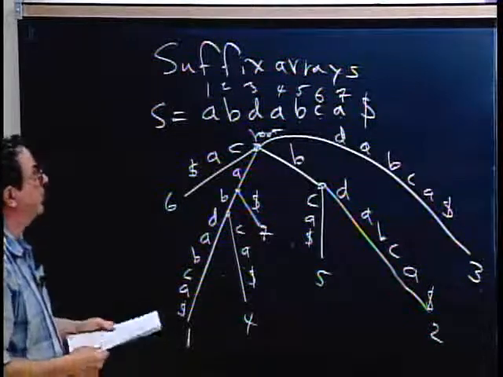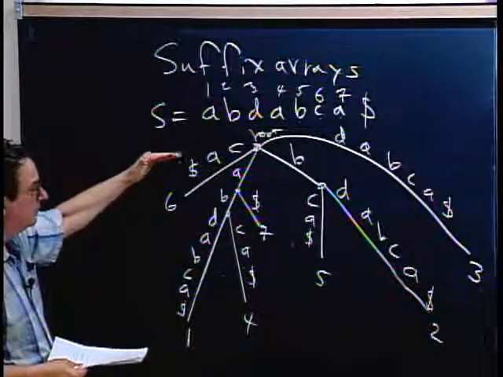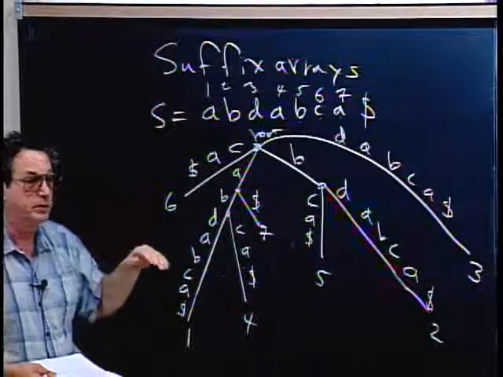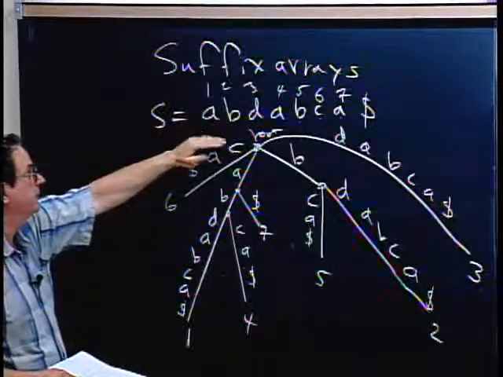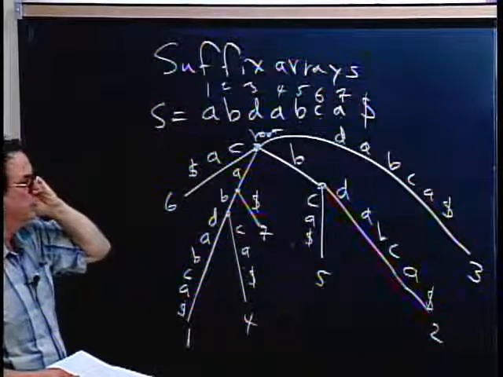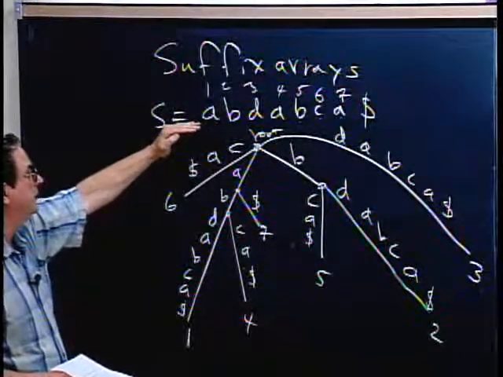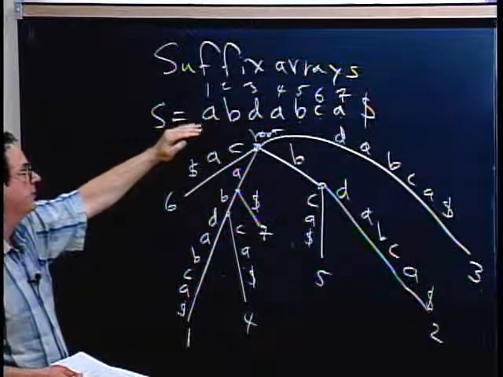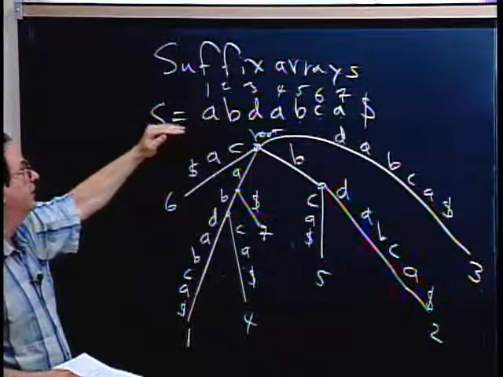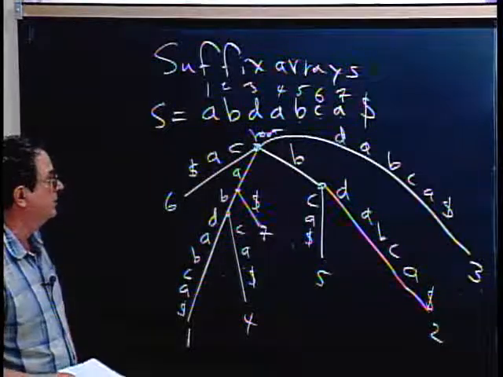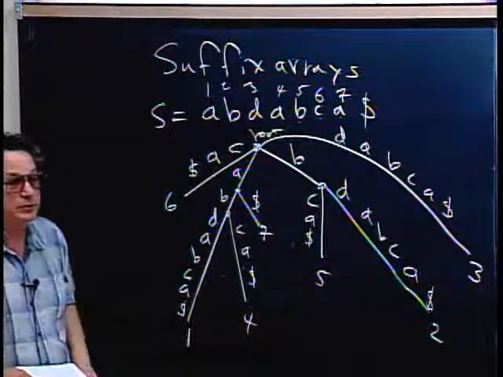Okay, now a suffix array is a more compact, I shouldn't say it's a full representation of a suffix tree. We need some additional information from a suffix array in order to get a suffix tree, and we will discuss that later. But a suffix array is a different representation of the set of all suffixes of the string in a way that is more compact than a suffix tree.